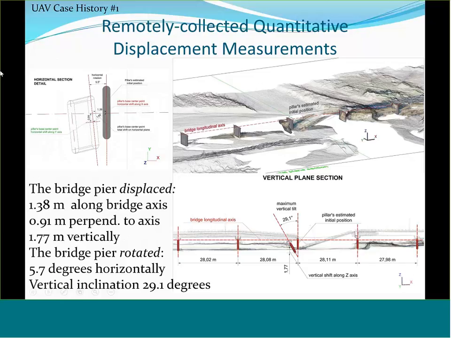In this case, you can measure the horizontal displacement of the pier that moved, in the axis of the bridge and perpendicular to the axis of the bridge. You can measure the settlement of the pier, and you can measure rotations, both in the horizontal plane and the inclination of the pier. This is information that you may use to analyze this failure or even look for ways to fix it.